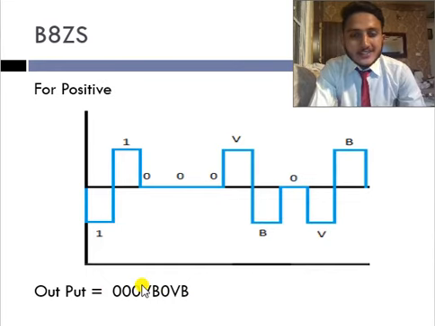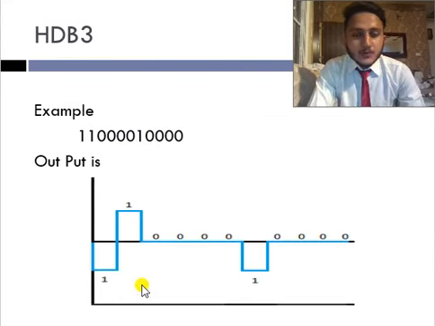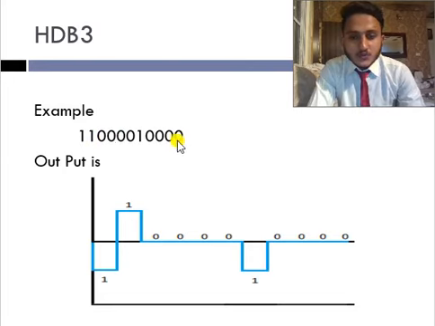Now we discuss the high density bipolar 3-0 substitution technique. The example for the high density bipolar 3-0 substitution technique is 1 1 0 1 and 4 zeros. We use high density bipolar 3-0 substitution because of these 4 zeros.